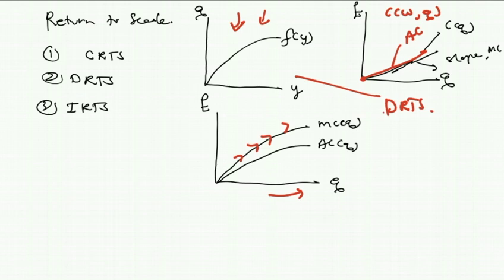Okay, now, at the same time, because of the increase in the cost of production, you can see average cost is also rising. So because this one exhibits decreasing returns to scale, that's why you can see MC is increasing and AC is rising. Remember, when you double your input, your output increases by less than double.